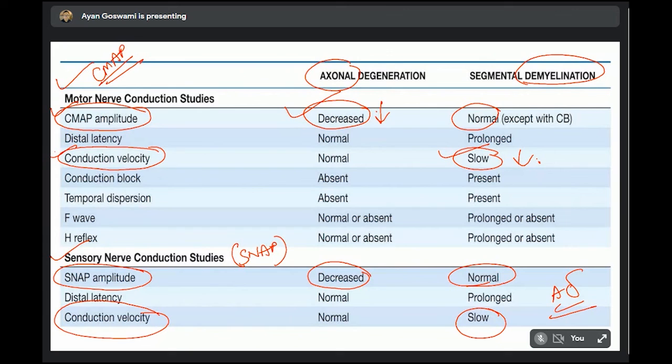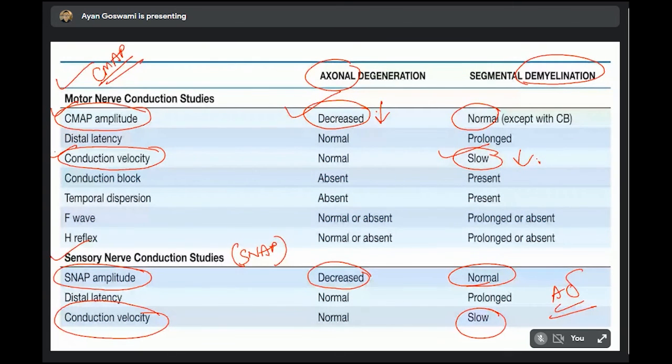How to calculate nerve conduction velocity might be asked. But no one will be asking you the procedure, how to place the electrodes. So it is just a demonstration topic, just like your pulmonary function test. I have discussed that it is a demonstration topic, no need to perform. Similarly, nerve conduction study is a demonstration topic, no need to perform.